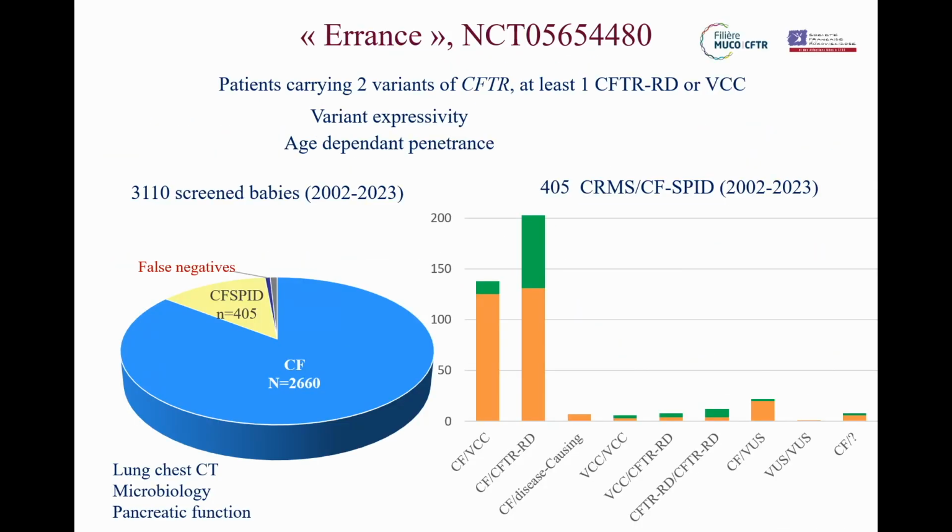To get further insight into this concept, we have implemented in France a study called ERANS, which you could translate as diagnosis wandering, focusing on patients carrying two variants of CFTR, at least one CFTRD or one VCC, aiming to study the variant expressivity along the age-dependent penetrance, and including, of course, the evolution of 405 CF-SPID, who are going to be explored after 6 years of age by lung function, microbiology by induced sputum, and pancreatic function.